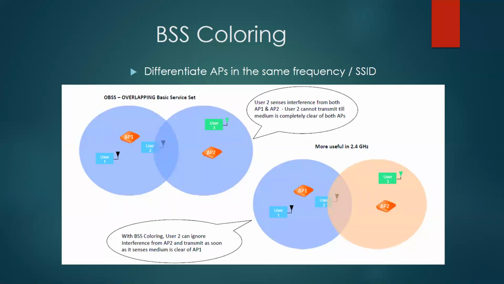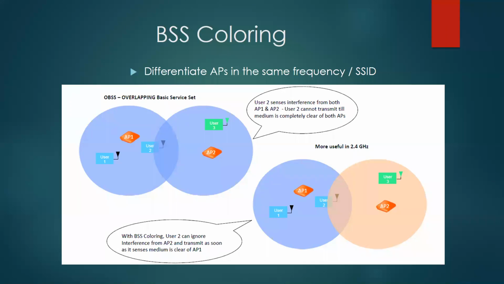So user 2, when he's talking to AP1, not only has to wait for everything in that AP1 circle to be not talking, it also has to wait for AP2 to be done talking, because it can hear AP2's circle. In a school scenario, let's say you deploy your APs in every other classroom, well, you've got that middle classroom between those two APs.